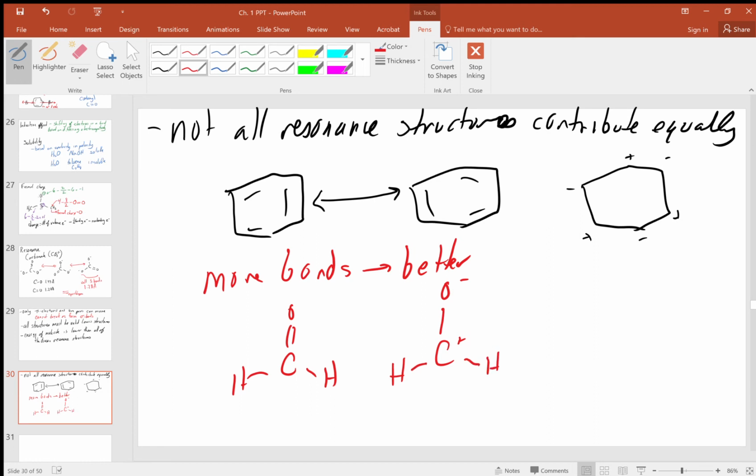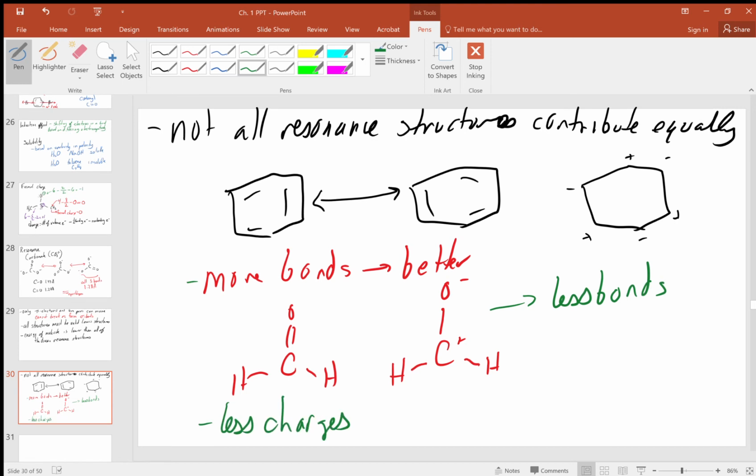But that's done two things. It's given us less bonds, so that makes it a worse resonance structure. And in addition, less charges are also better.